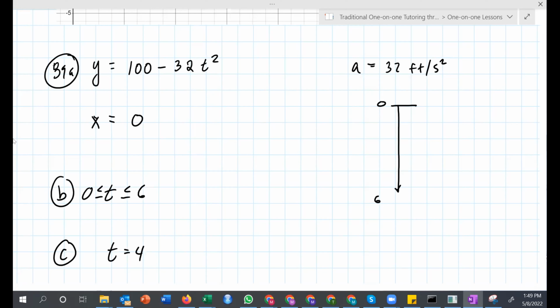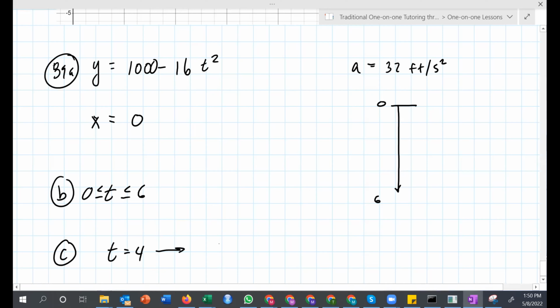Maybe this is 16 feet per second. Oh yeah, it's acceleration divided by 2. Sorry, so it's 16, but then you square it. What's acceleration due to gravity in feet per second squared? 32. Sorry, it is 32, but you actually divide it by 2, so it is 16.